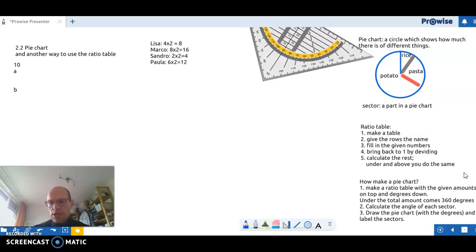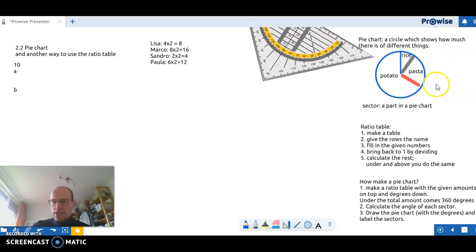A pie chart is something that looks a bit like a pie, so it looks like a circle. You could also call it a pizza chart, but I guess pies are more common in England than pizzas, so that's why it's called a pie chart. It is a circle and it basically shows how much there is of different things. On the top right, I have an example of a pie chart.